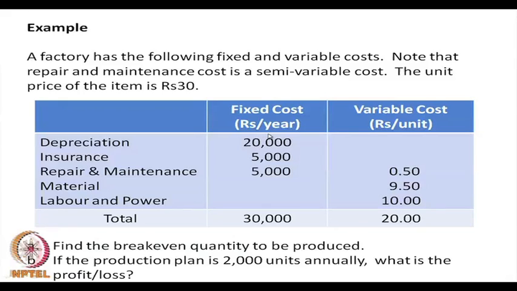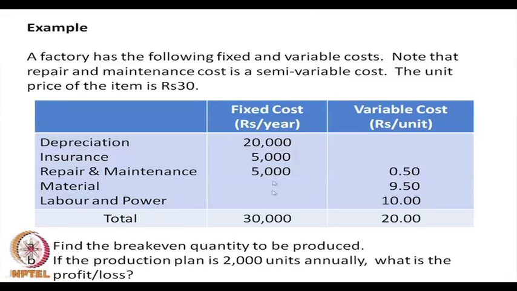So, basically in this simple example, we have considered different cases. Excepting for repair and maintenance, all other cost aspects are either fixed or variable; only repair and maintenance have both the fixed cost component as well as the variable cost component.